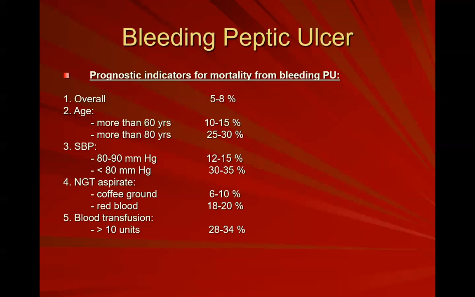Okay, unlike the fresh red blood. The fresh red blood indicates that there is an active bleed. And also, one thing to consider is the units of blood transfusions, because this will give you an indication of the volume of blood loss. Okay.